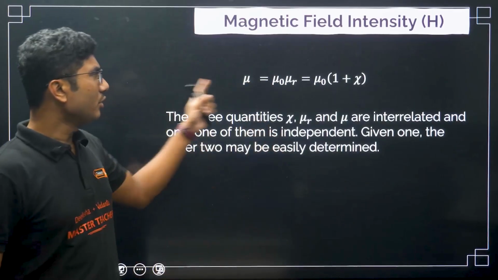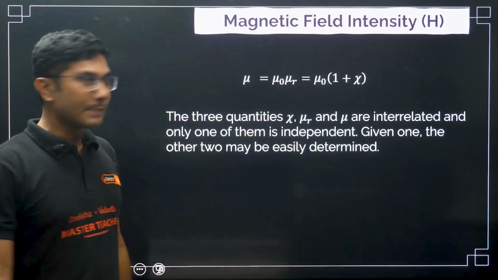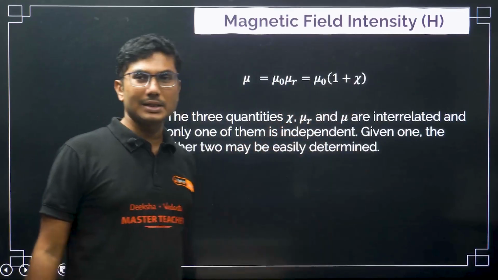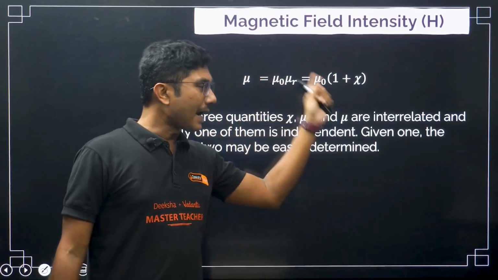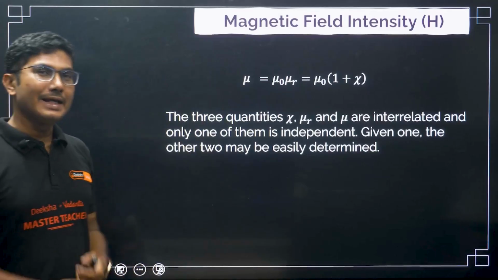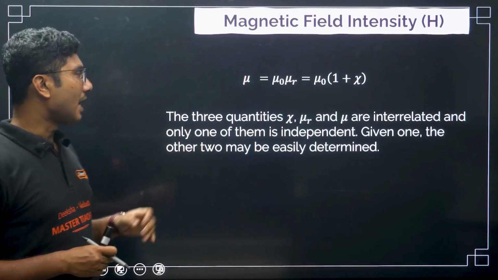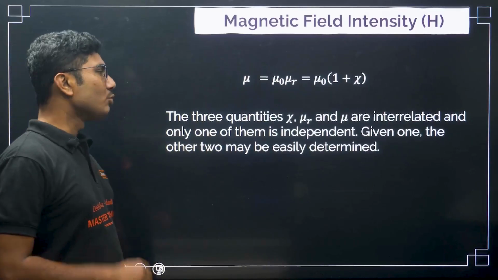Mu equals the permeability of free space times the relative permeability, and if you put the value of mu r, you will get mu naught times (1 plus chi). So these quantities, mu, mu naught, mu r and chi, are not independent, they are interrelated, and only one of them is independent. Given one, the other two may be easily determined.